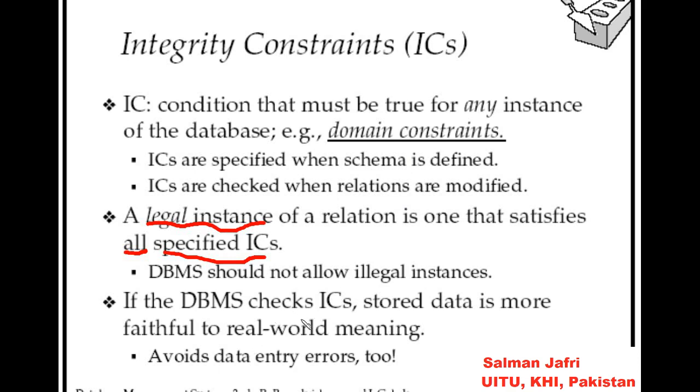If the DBMS checks integrity constraints, stored data is more faithful to the real-world meaning and avoids data entry errors too. What is the meaning of the last point? When these integrity constraints are looked after, the data entry errors can be avoided, right? So data can be more correct.